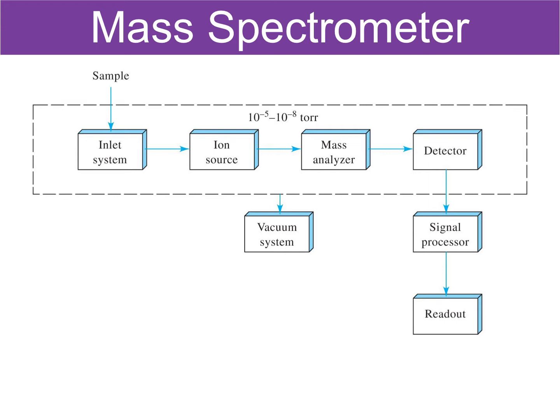Basically, we take our sample and we inject it into the system somehow. Usually our sample is a liquid, but in this inlet system, the sample must very quickly be turned into a gas.